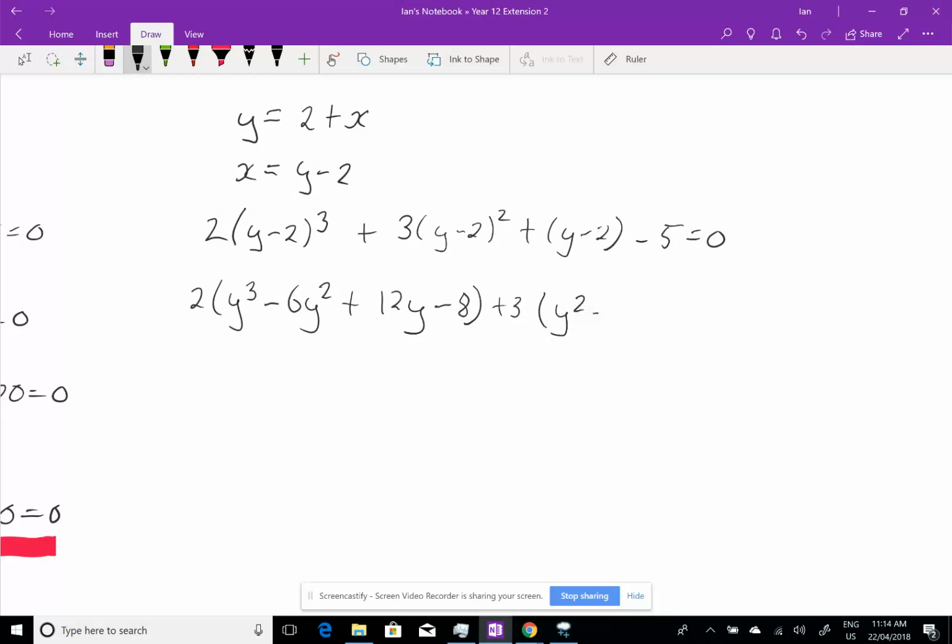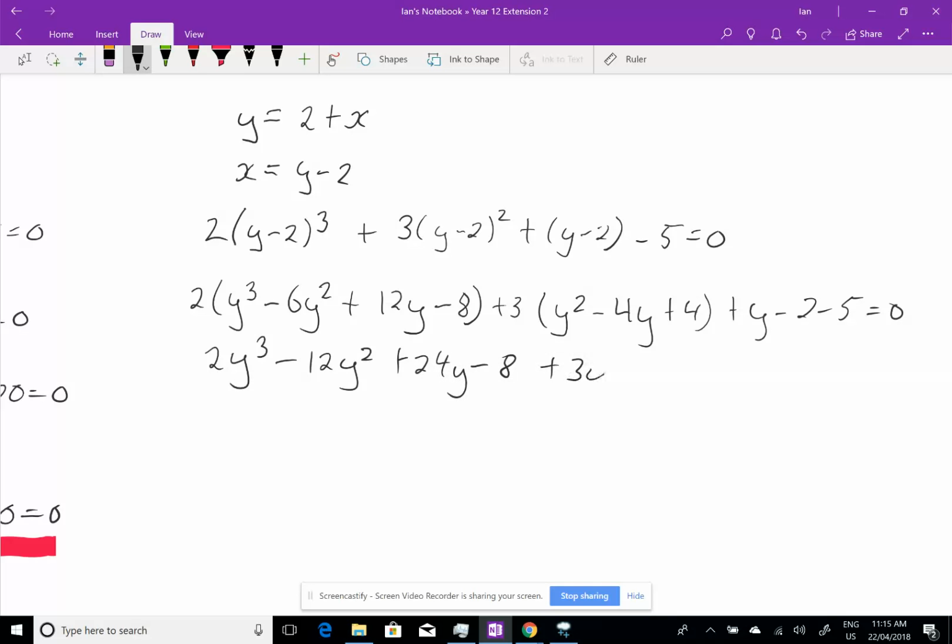Well, that's y squared minus 4y plus 4, plus y minus 2 minus 5 equals 0. So I get 2y cubed minus 12y squared plus 24y minus 8 plus 3y squared minus 12y plus 12 plus y minus 7 equals 0.